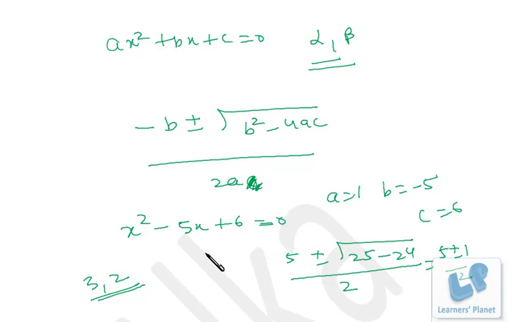Now we will discuss the nature of the roots in detail. What exactly am I talking about with the nature of the roots? Here the roots or solutions that you can see are 3 and 2. These are actually rational numbers. So which type of numbers or which type of roots there will be, for that we discuss the concept of nature of the roots.